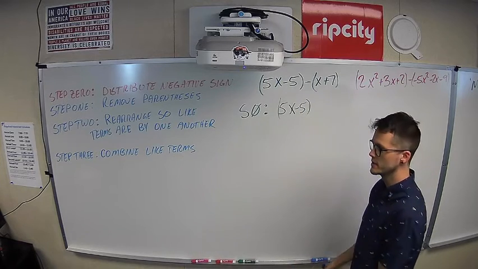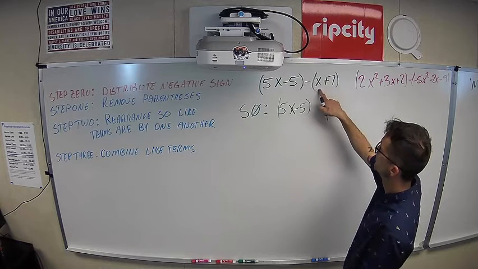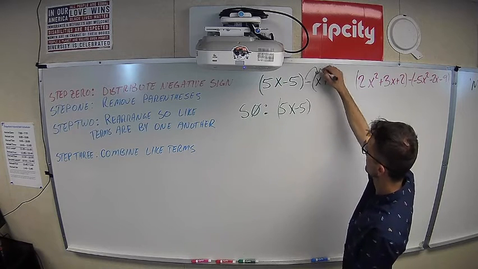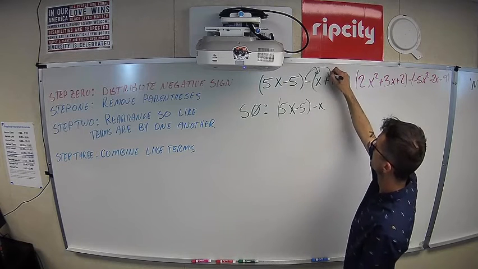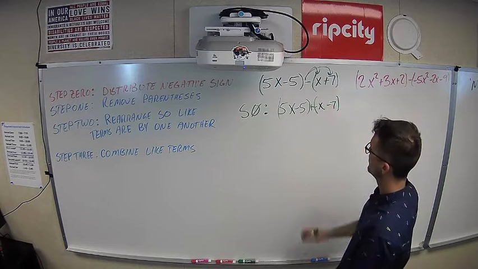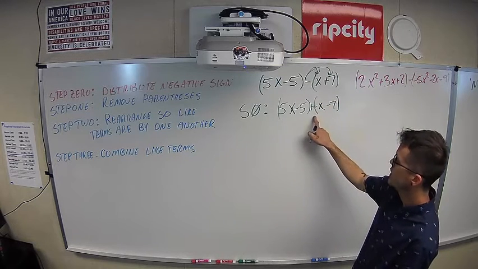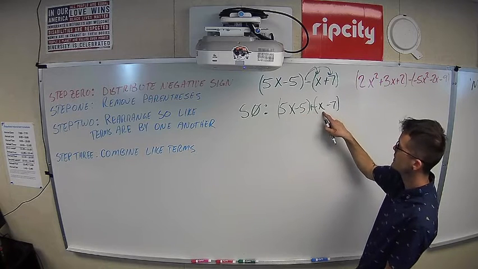We're leaving it as is. The second polynomial, however, we take this negative and multiply it by x, so we're going to have a negative x, and then multiply it by our 7, so it's negative 7. So now we have our 2 polynomials. We're still adding, but now we're adding 5x minus 5 plus negative x minus 7.